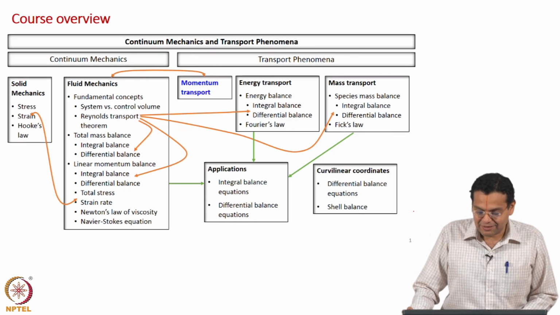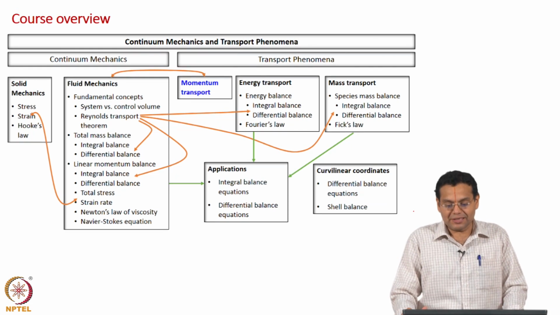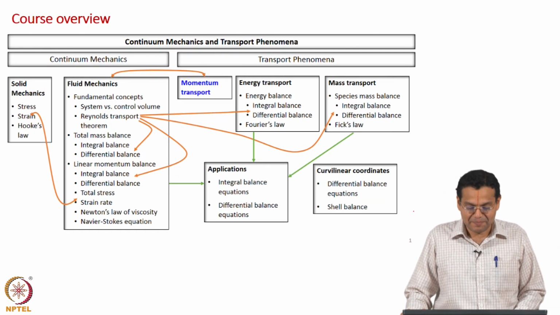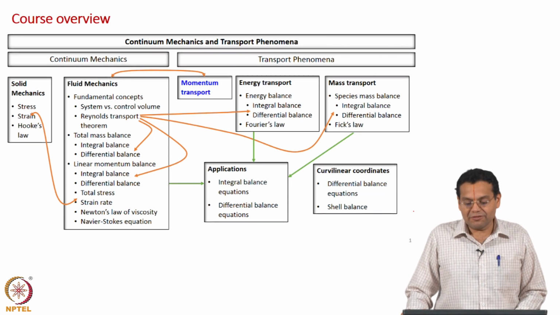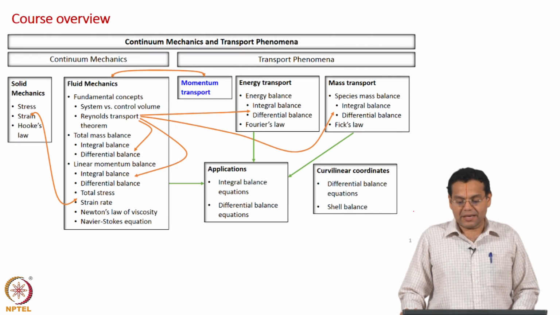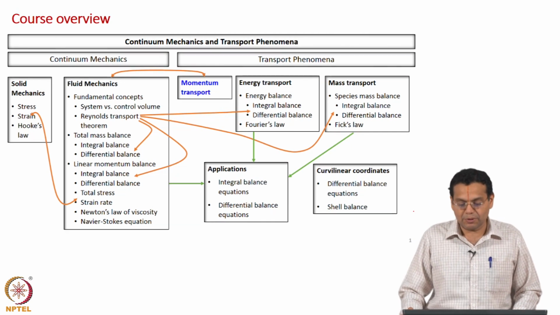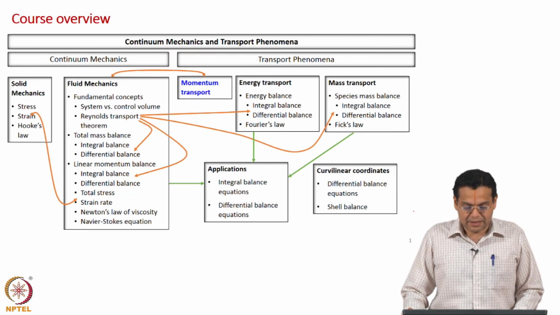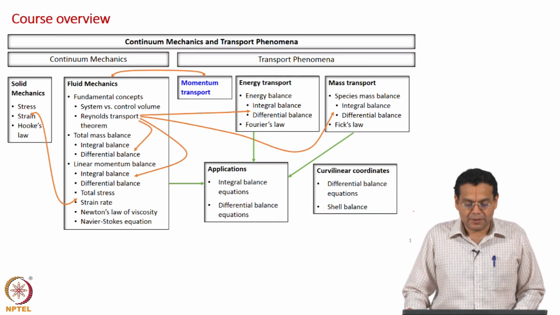Okay, we will start with the second part of the course, namely transfer phenomena, which in itself is split into three parts, namely momentum transport, energy transport and mass transport. And what we are going to discuss now is momentum transport.